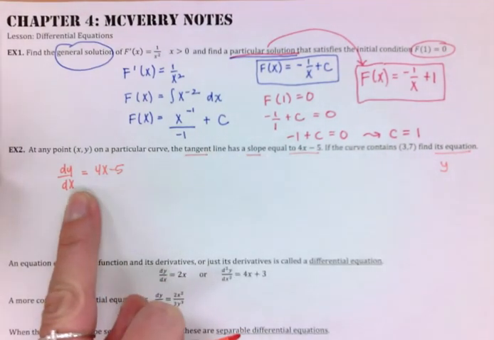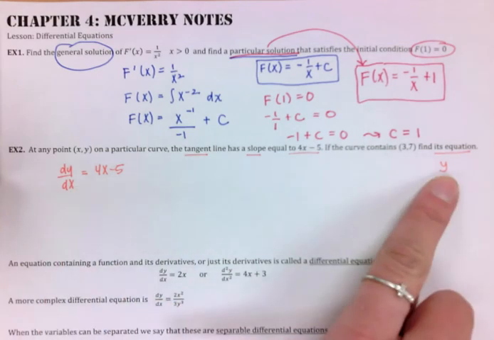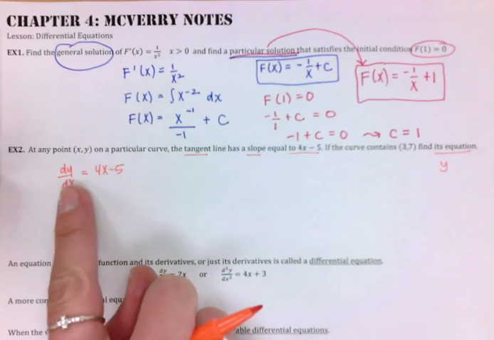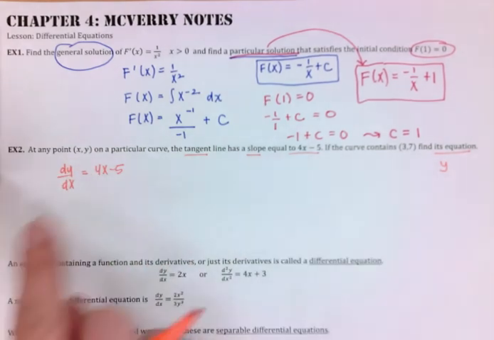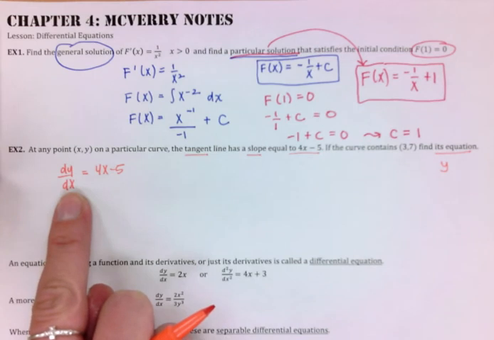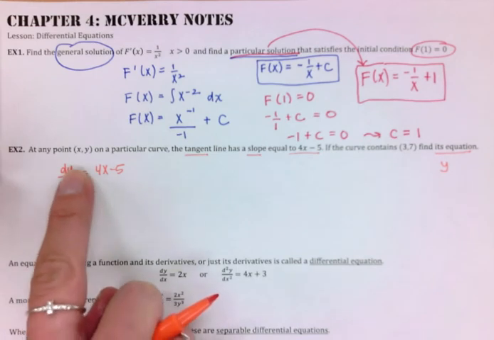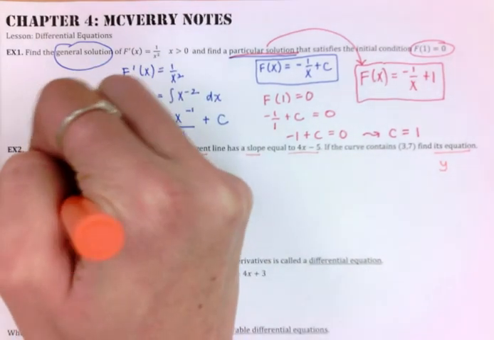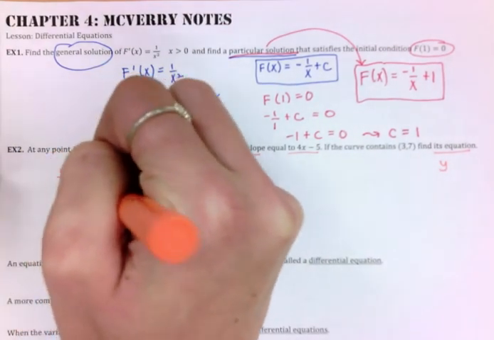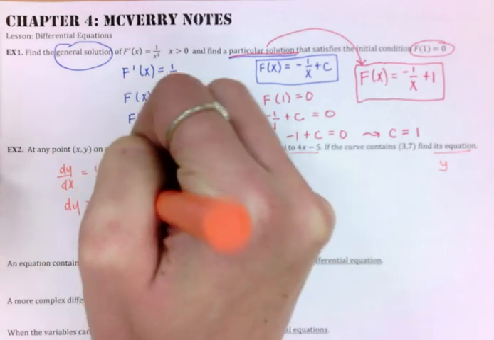If dy dx is 4x minus 5, we're trying to find y. If I want this dy dx, which is a derivative, to be y, then I'm going to need to integrate. I can separate these two, since we have a dy and a dx, so I could multiply dx on both sides, as we've done previously. So dy is 4x minus 5 dx.